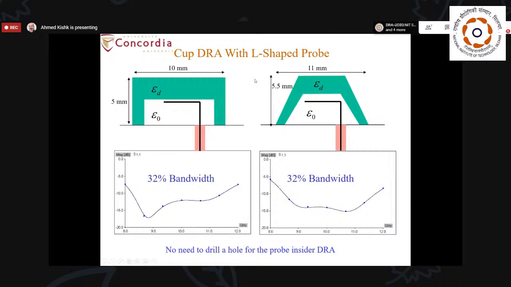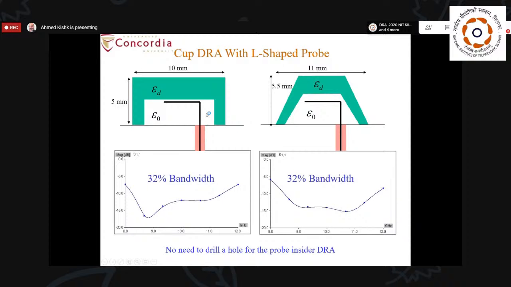The other way to increase the bandwidth is just to reduce the effective permittivity, and to use a probe for exciting it. You will find that we made this like a cup and house the probe, and by this way we try to avoid drilling a hole in the high dielectric ceramic material to house the probe.